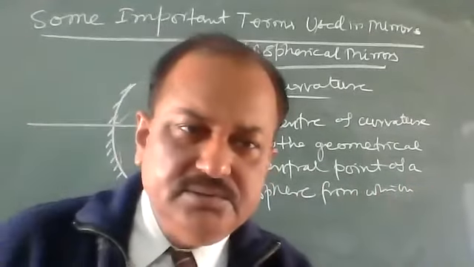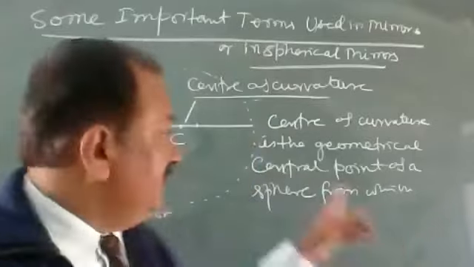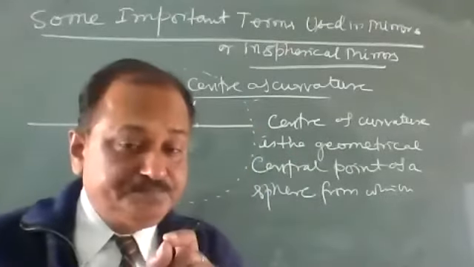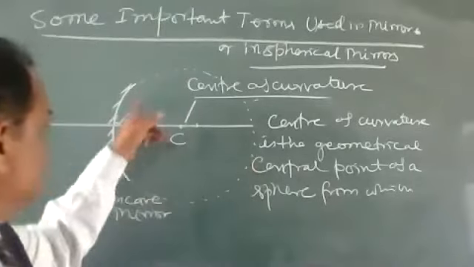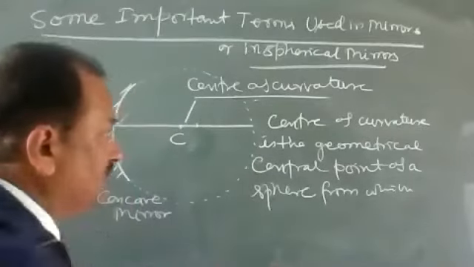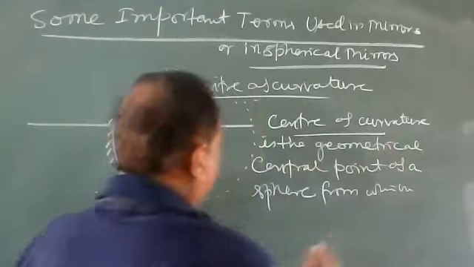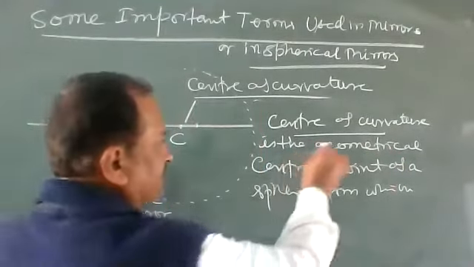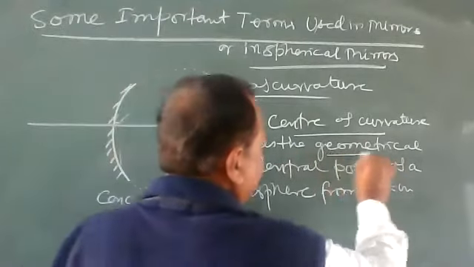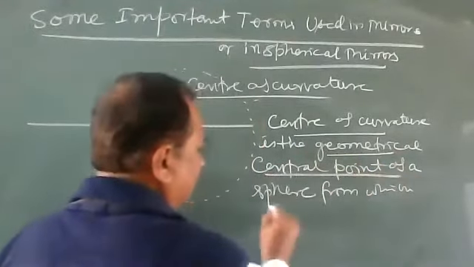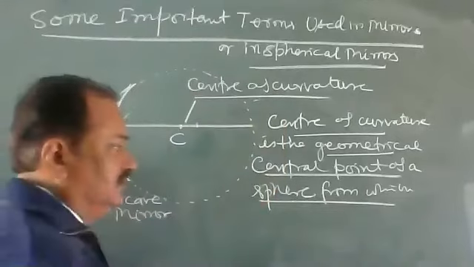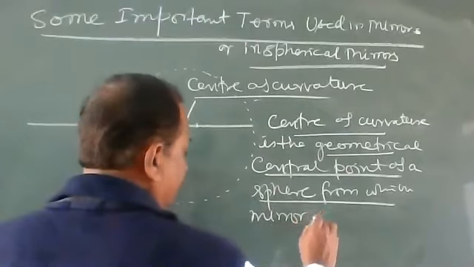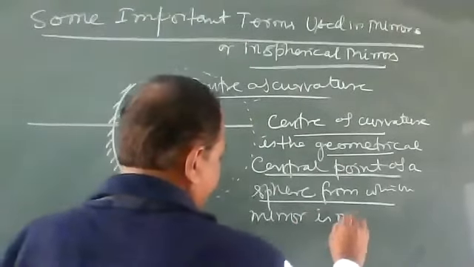Okay, what is going on? Now see, the center of curvature is the central portion of the sphere from which this mirror has been made. It is represented by the letter C, and it is the geometrical central point of a sphere from which the mirror is made.